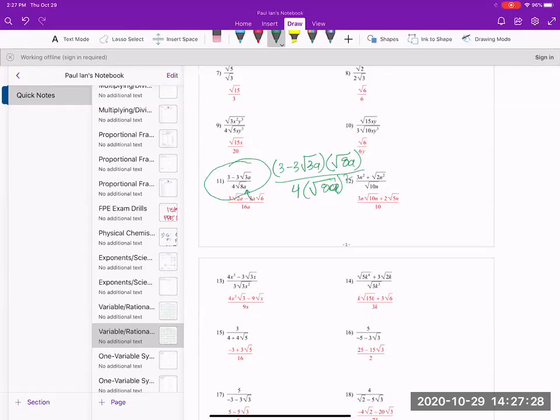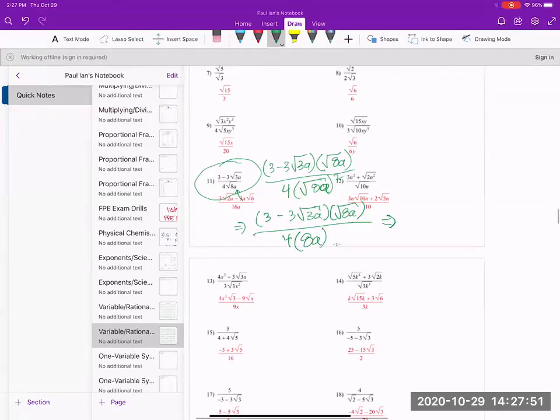Yeah. And then so the bottom, you simplify the bottom first. Let's not do anything to the top yet. And then it says root 8a. And then so the square kind of pretty much cancels out the roots. So it's just 8a. And then, so now what do you do?